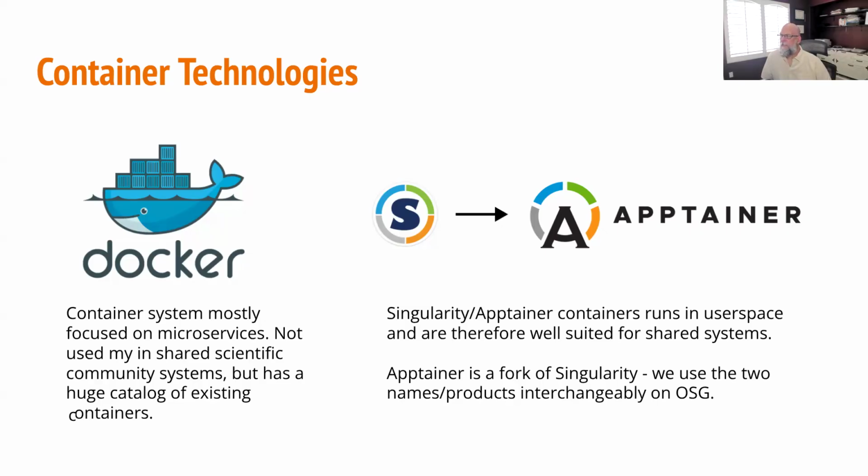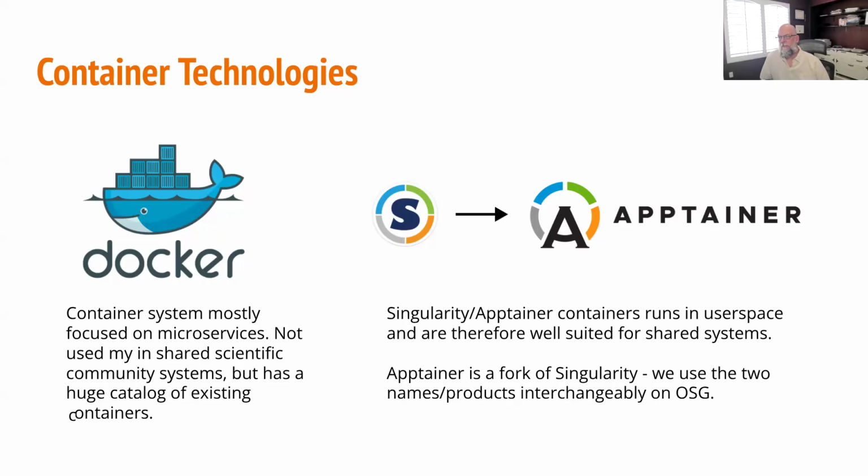Singularity and Apptainer is also what you will most likely find on your local HPC cluster or campus cluster. These are very, very common tools in all of high performance and high throughput computing. It's not OSPool specific at all.